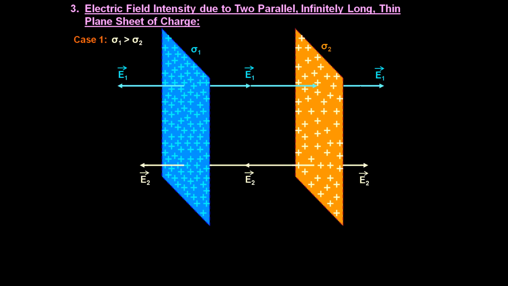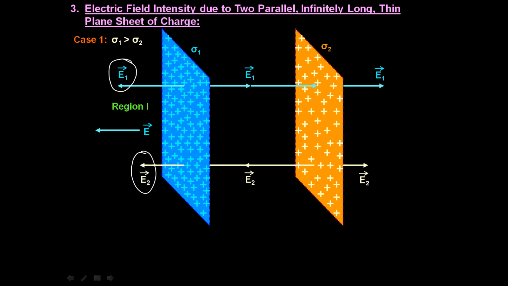We are going to find out net electric field in three of the regions. Let us take this as region 1, which is lying over here. As you can see, in region 1, there are two electric fields, E1 and E2. Both of them are acting along the same direction. When two vectors are acting along the same direction, its total electric field will be sum of the two, right?